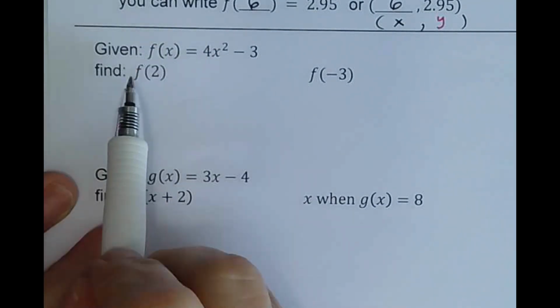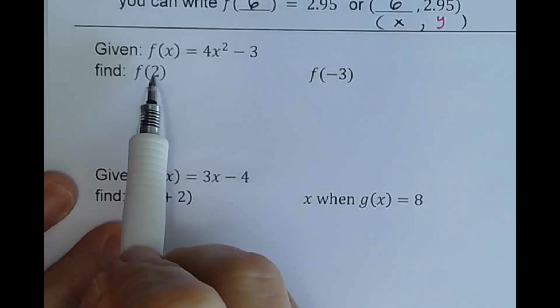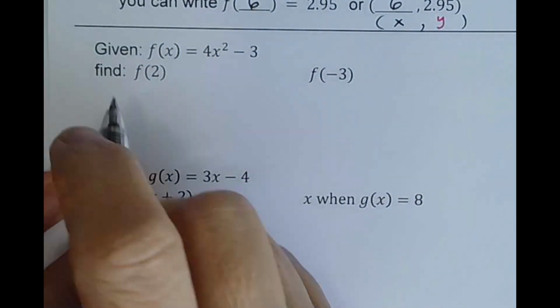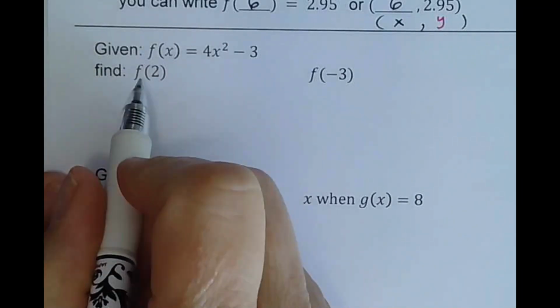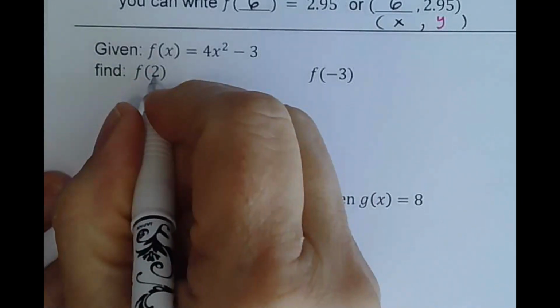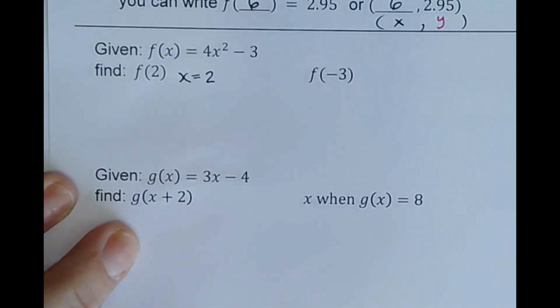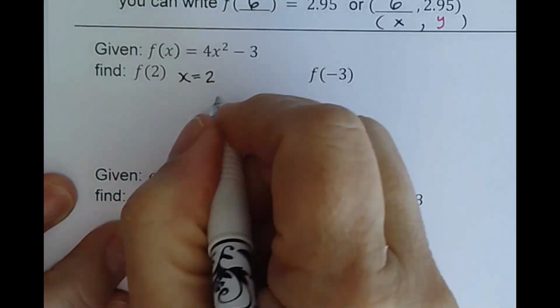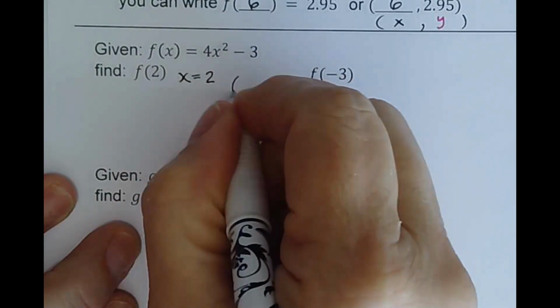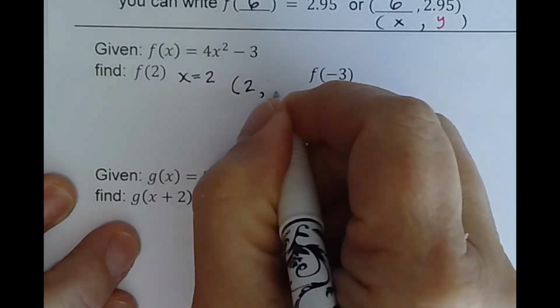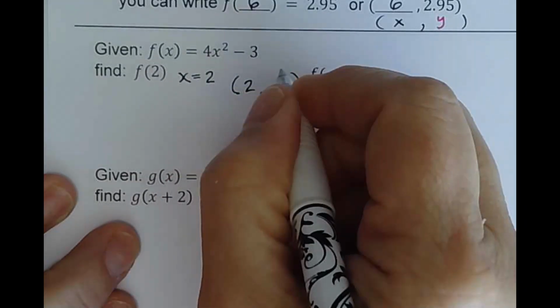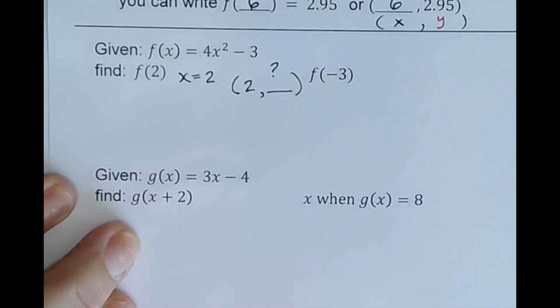To find f of 2, this means that I'm defining x as 2. So I want to know the y. My question is, when I have f of 2, what is that value?